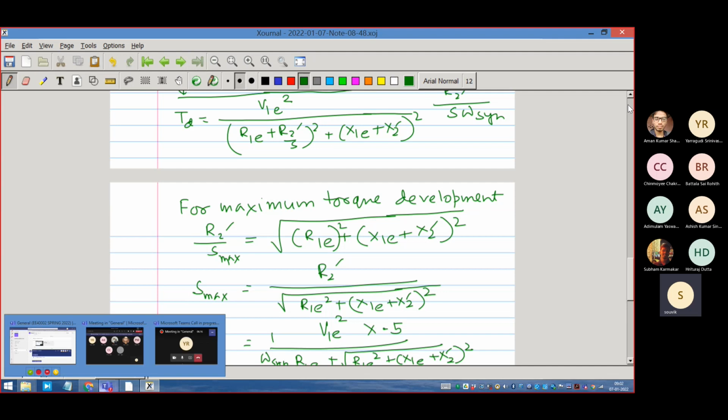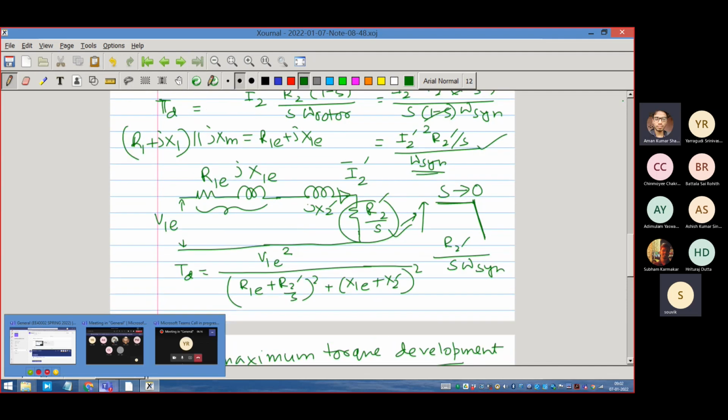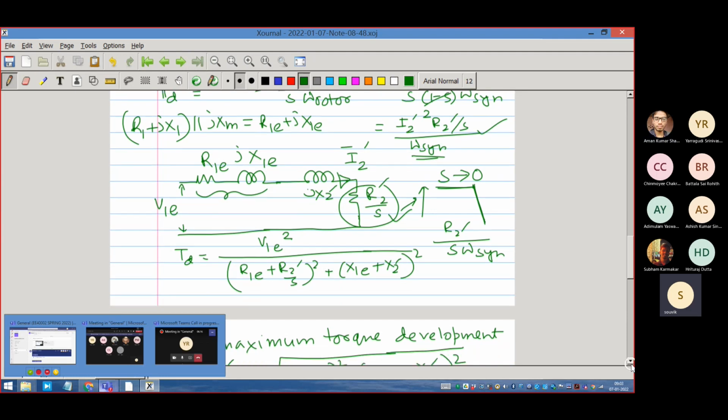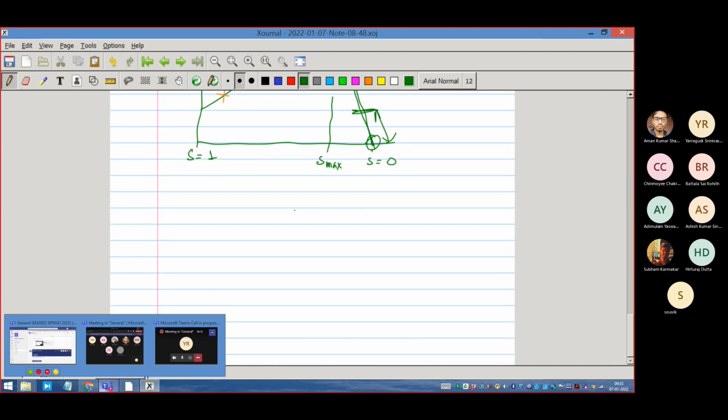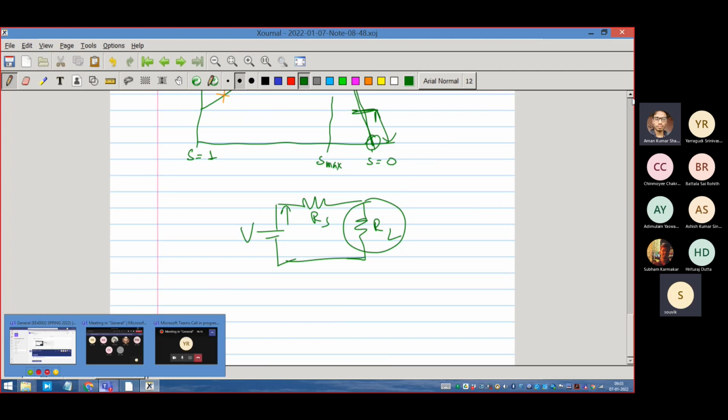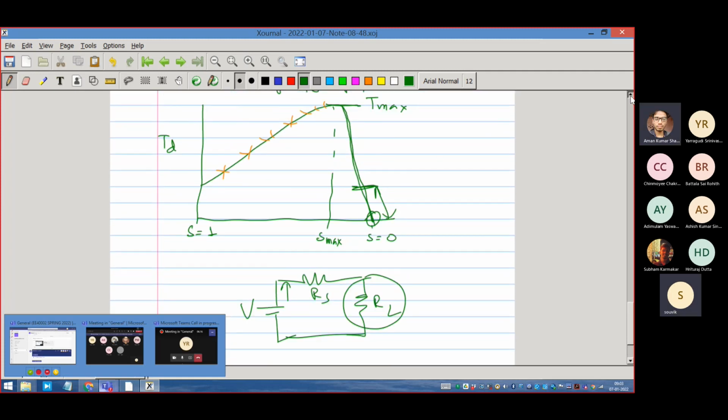Oh, it is application of the maximum power transfer theorem. You don't remember the source resistance, load resistance equation? Suppose I take a DC source V. When is the maximum power transferred to the load? When RS equals RL. That's what I did.